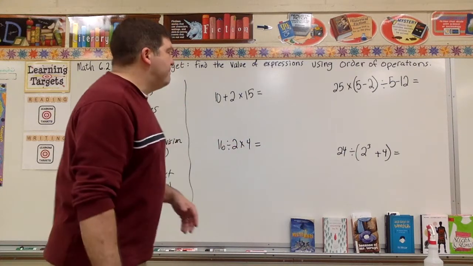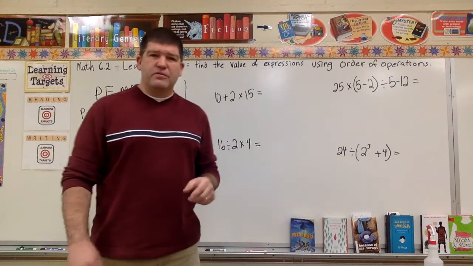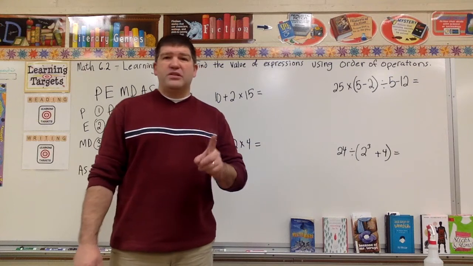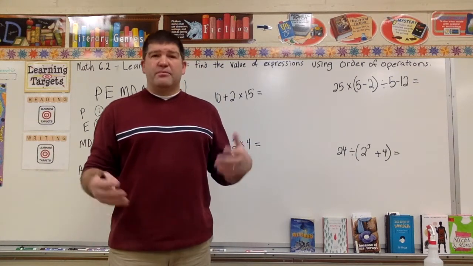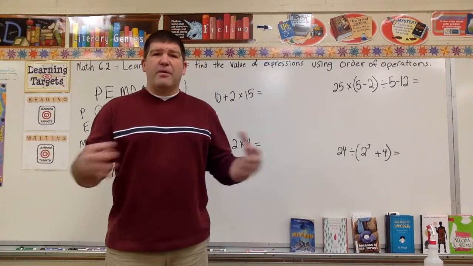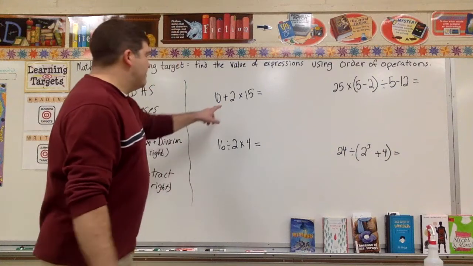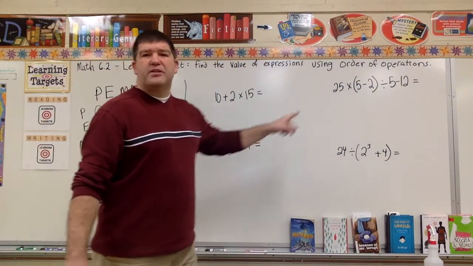Okay? Now, expressions, you have two different kinds of expressions. One is a numerical expression. Numerical expression just means that you have numbers put together, you're adding, subtracting, using exponents, somehow putting numbers together to get an answer. All of these four things right here, these are numerical expressions.